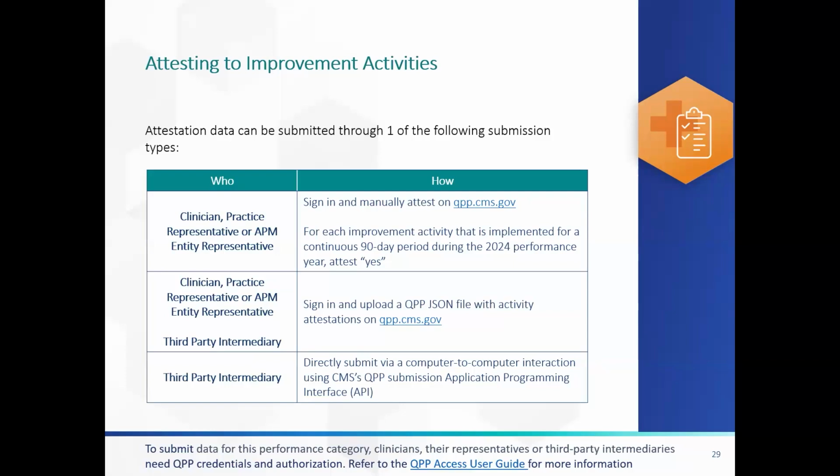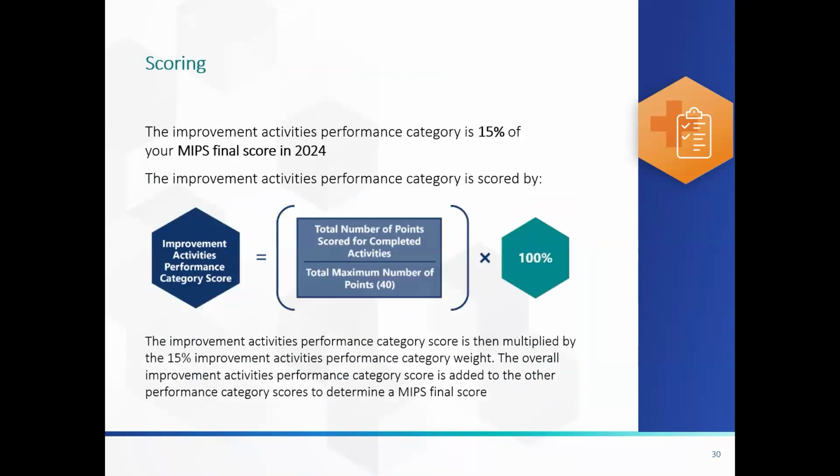If you are a clinician, practice representative, or APM entity representative, or if you're a third-party intermediary, you can sign in and upload a QPP JSON file with activity attestations on qpp.cms.gov. If you are a third-party intermediary, you also have the option of directly submitting via computer-to-computer interaction using CMS's QPP Submission Application Programming Interface, or API.